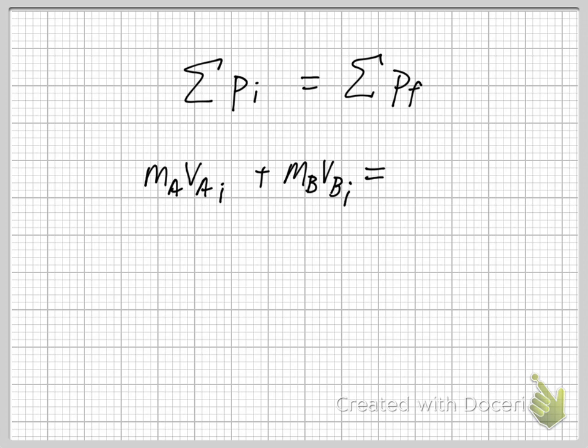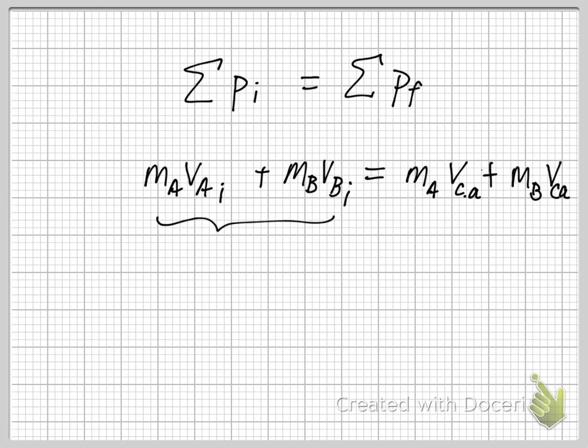Again, I haven't proven yet that it's the center of mass speed, but I know they have the same speed. So that means this would be MA V, I'm going to call it, closest approach, plus MB V, and that's the same V, so V of closest approach.